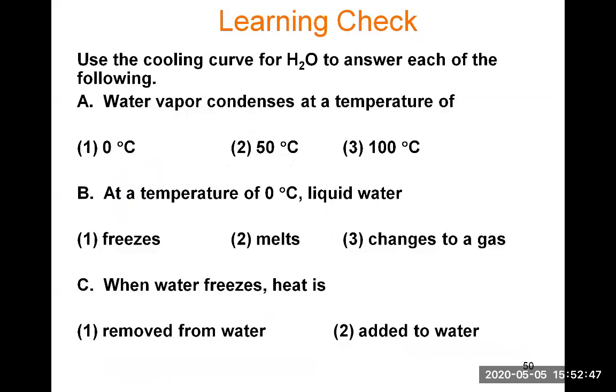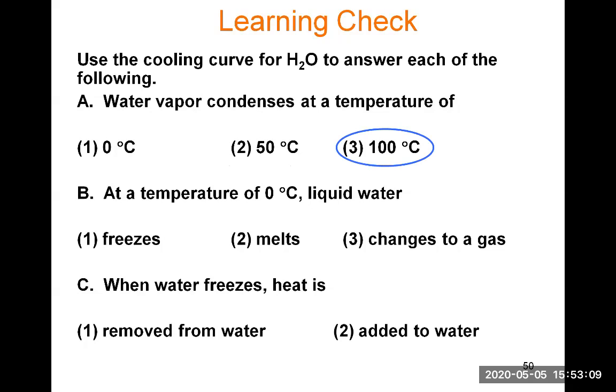So water vapor condenses at a temperature of, and that's 100 degrees Celsius, right? When water vapor condenses, it becomes a liquid. Condensation is the change of a gas into a liquid.